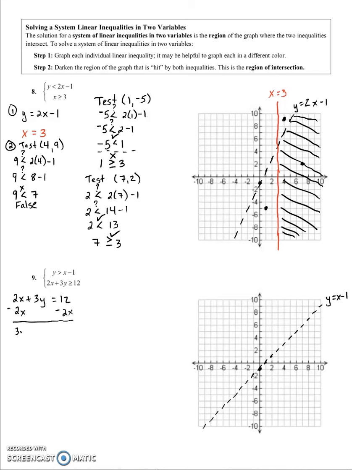So we get 3y equals negative 2x plus 12. Divide everything by 3. That leaves us with y equals negative 2/3 x plus 4. So if I graph that one, we start at a 4 and it's negative 2/3. So that means down 2 and right 3.